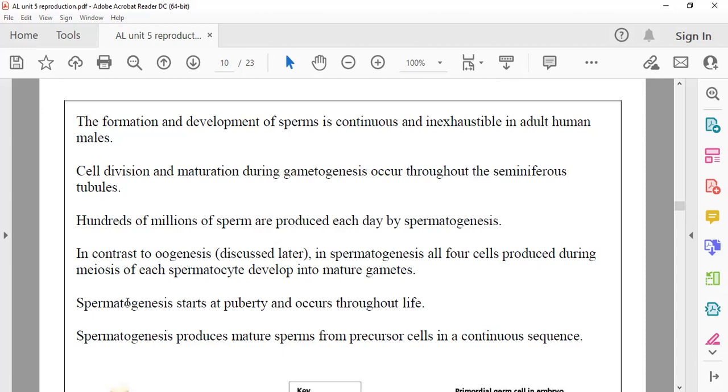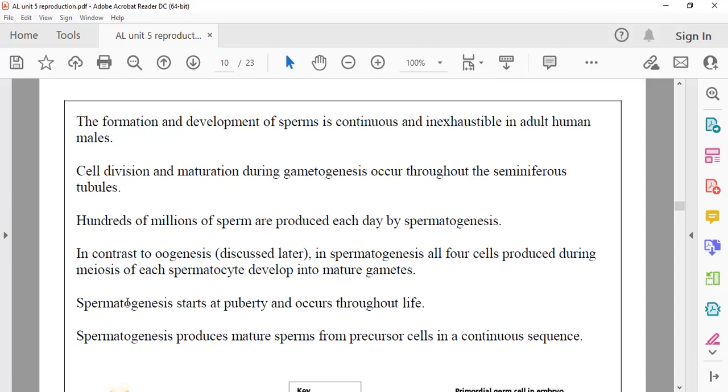Continuous and inexhaustible. By the word inexhaustible, you know what they are trying to convey? It will never stop. Understood? What is meant by inexhaustible?